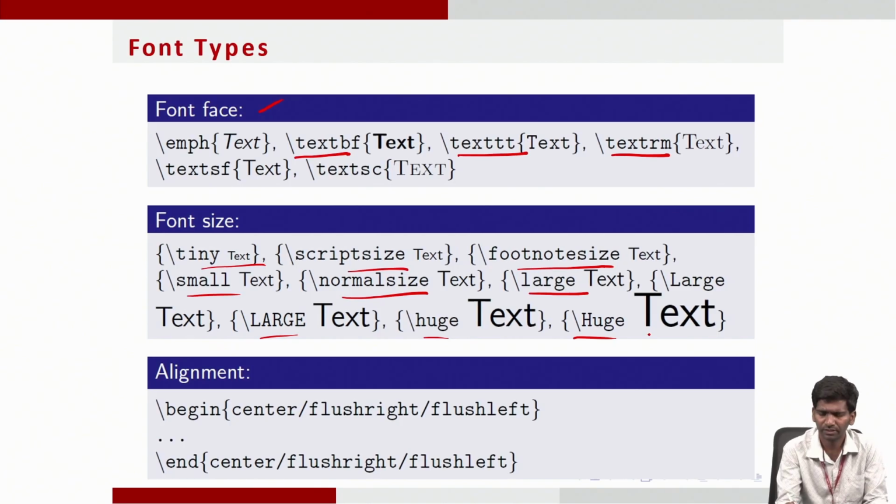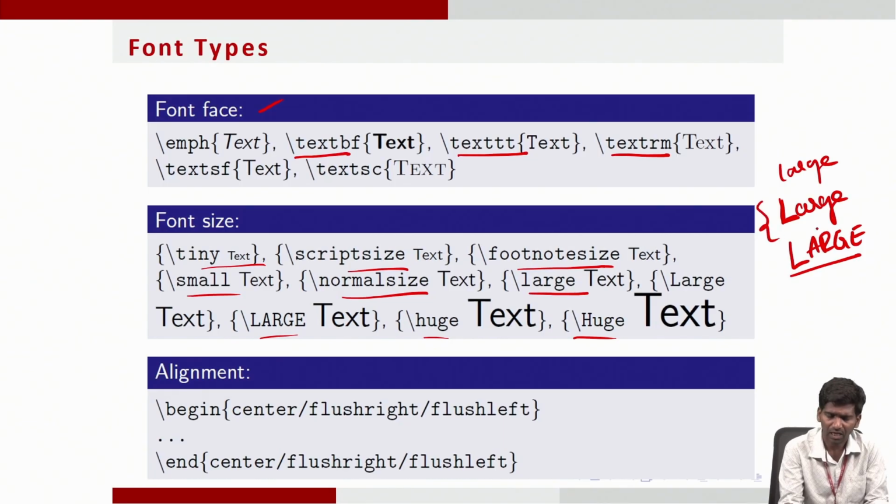So how to remember this? First you remember large. Okay, L is capital. Above large and below large, we have other tags also. If I use all capital letters, that is a very high size in the large tag. If I use all small, that is smaller in the large tag.